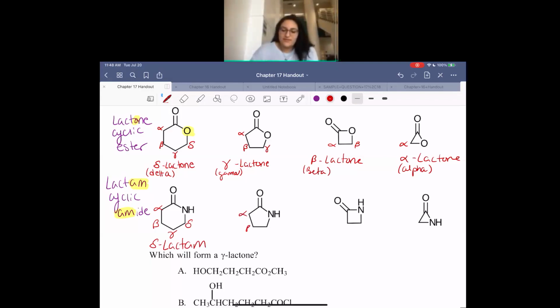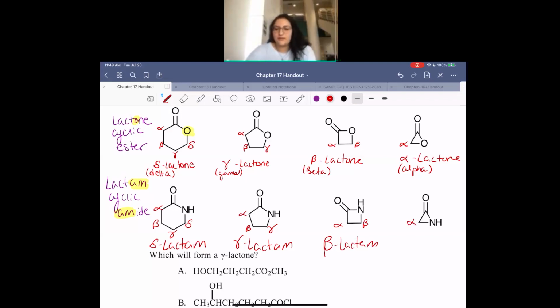And so what's this guy called? A gamma lactam. Our square friend, a beta lactam.